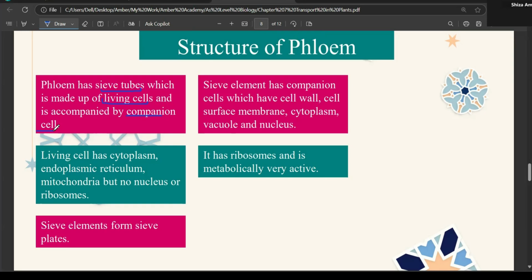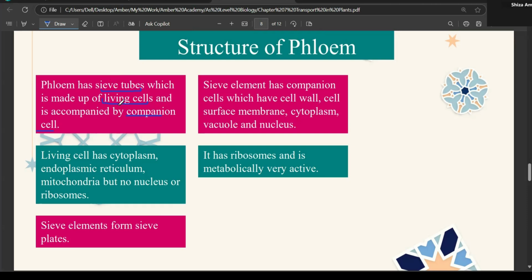Then phloem is made up of living cells, while xylem is a dead structure. Then phloem has companion cells, so there is no such companion cell in xylem. Xylem is a dead hollow structure, but phloem is made up of living cells, is accompanied by another cell as well, and has sieve tubes. So these are primarily the three differences you should be mindful of when talking about the differences between xylem and phloem.